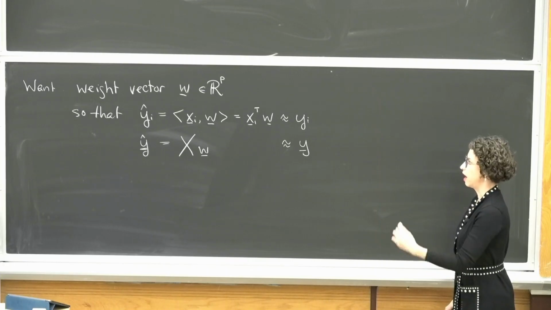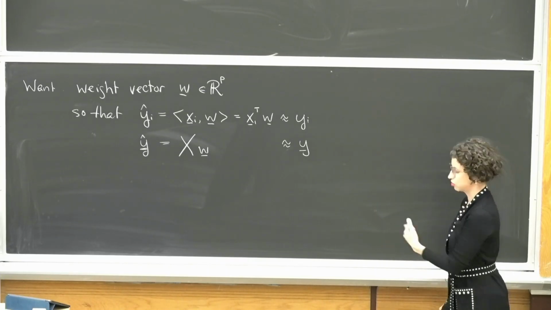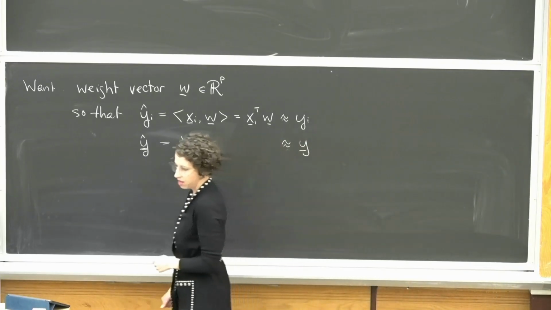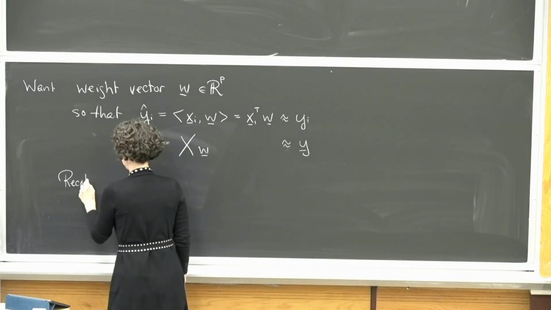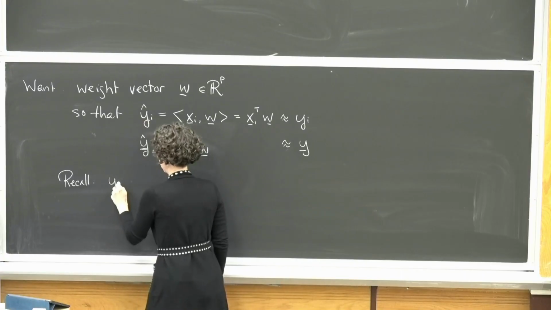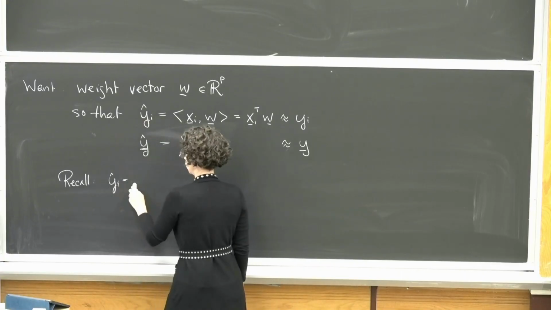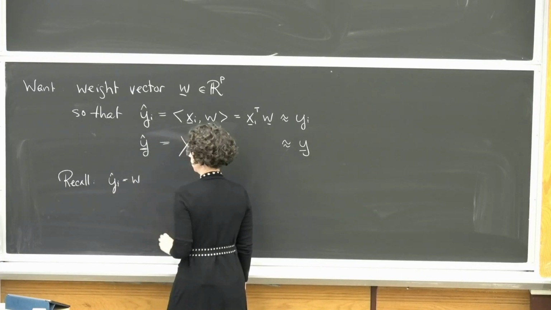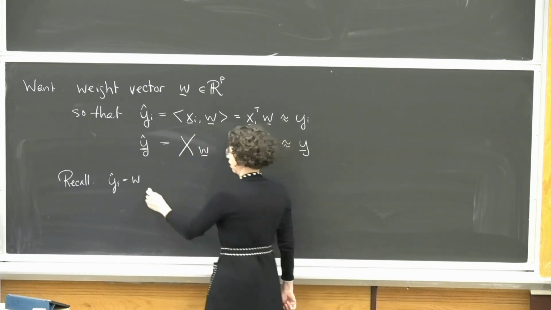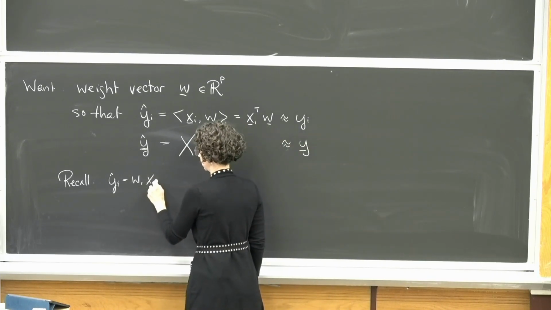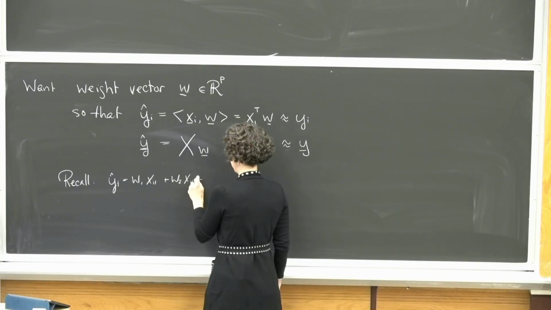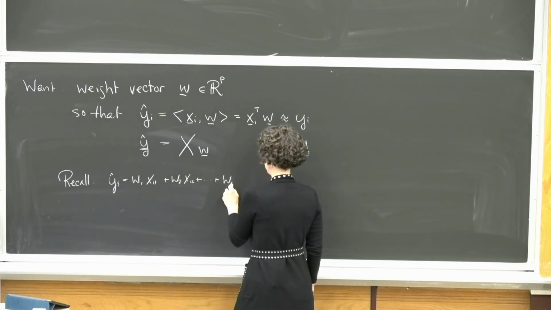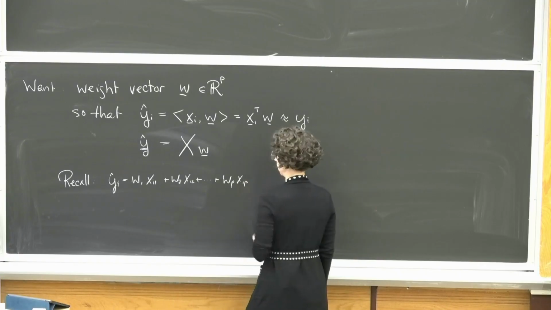We want to figure out how to find this weight vector so that this is true. And recall that the interpretation of this is that yi hat is going to be a weighted sum of the features for the ith sample. So weight 1 times xi1 plus weight 2 times xi2 all the way to weight p times xip.